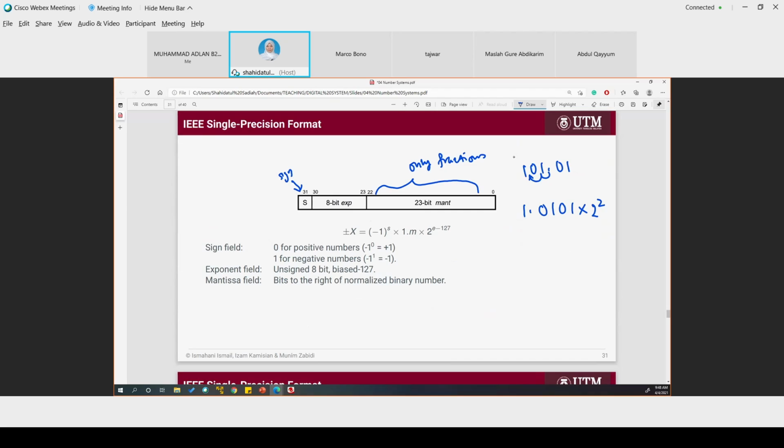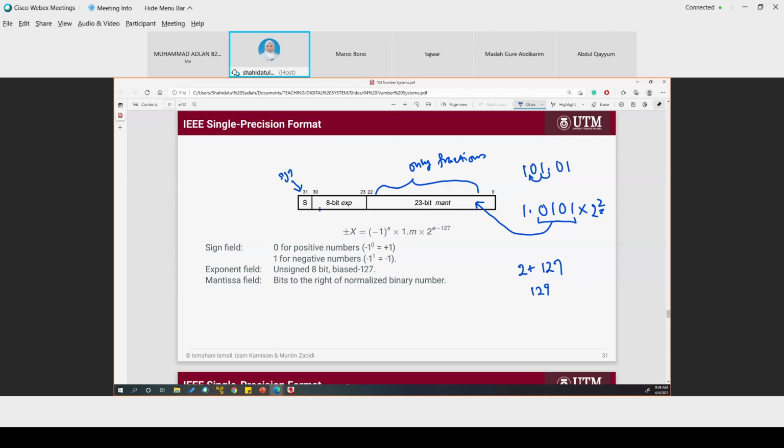The mantissa part only keeps this value 0101. And then for the 8-bit exponent, you have to add 2 with 127, because we bias 127. So this will be 129.